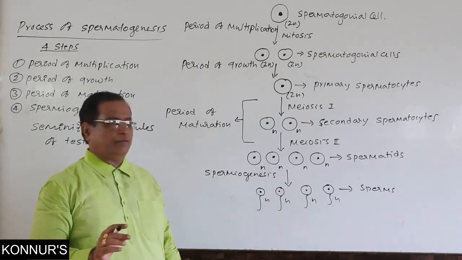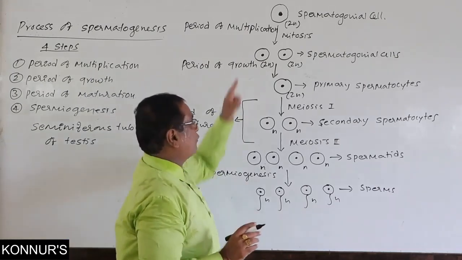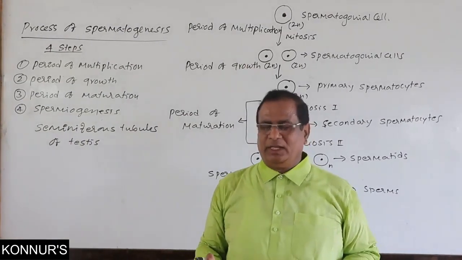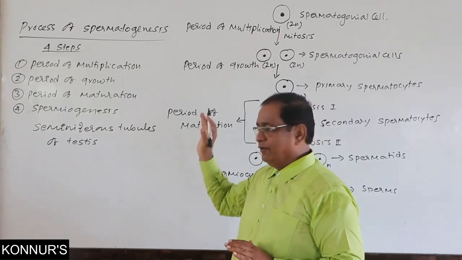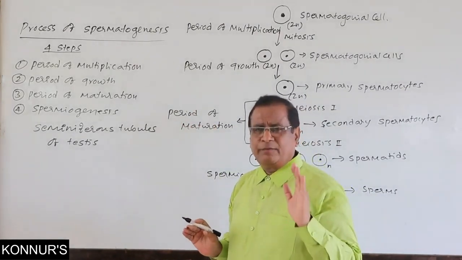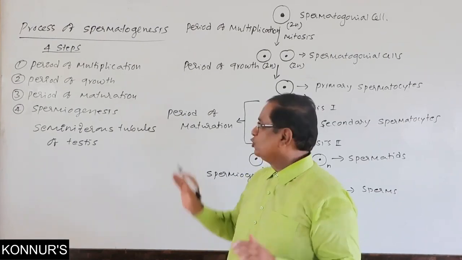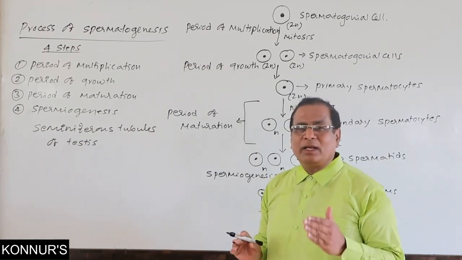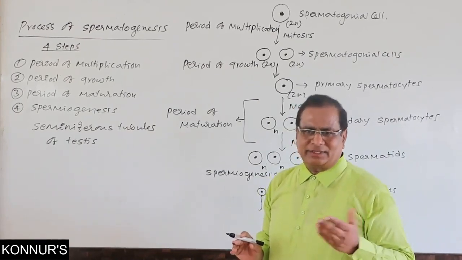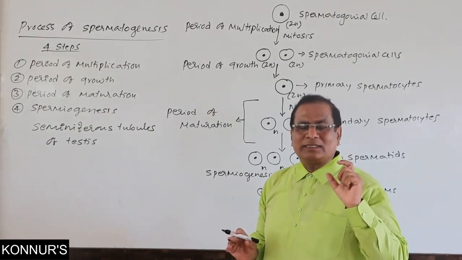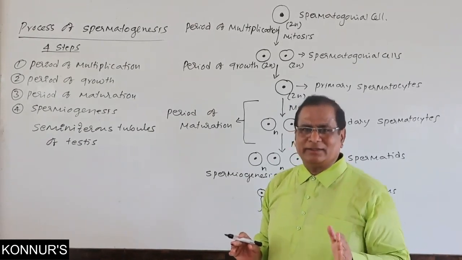Hence the formation of haploid sperms from diploid spermatogonial cell is taking place in 4 steps. First one is period of multiplication. During that step, spermatogonial cell number gets increased. Why should the spermatogonial cell number be increased?